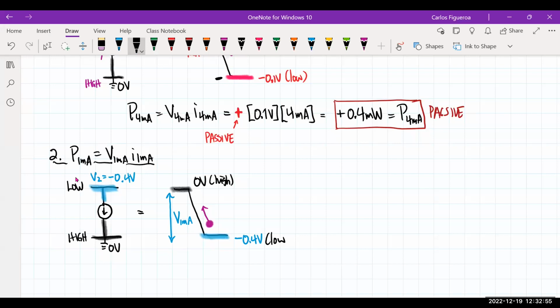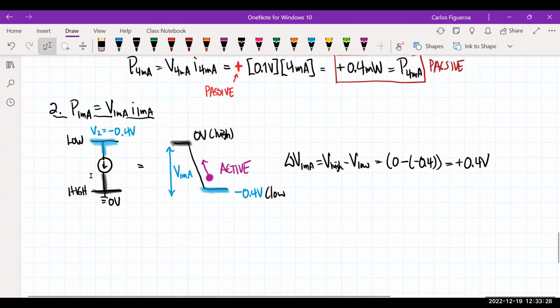So the voltage of the 1 milliamp source is V high minus V low, which gives me 0 minus 0.4, which gives me a positive 0.4 volts. Because of this reason right here, this guy is an active current source.